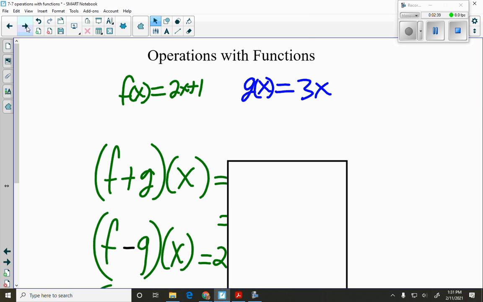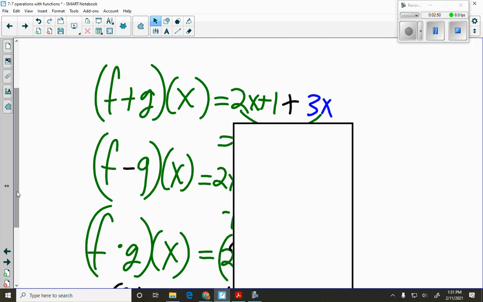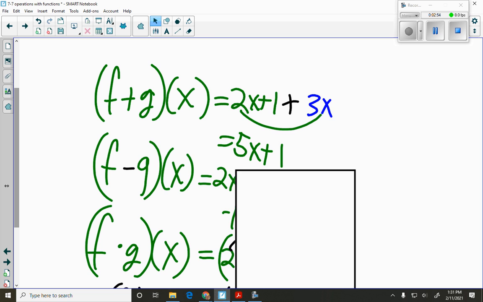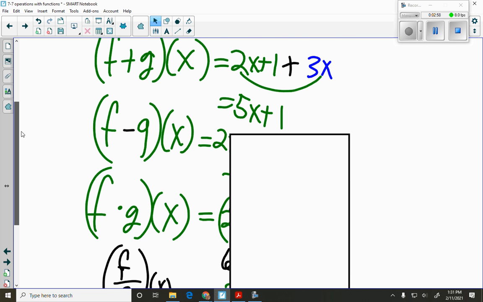Okay, so just a little bit more, just to show you this. F of x, let's say it's 2x plus 1, and g of x is 3x. Again, adding them together is just putting a plus sign in between them. Then you can combine these and call it 5x plus 1, because your 2x and your 3x makes 5x.